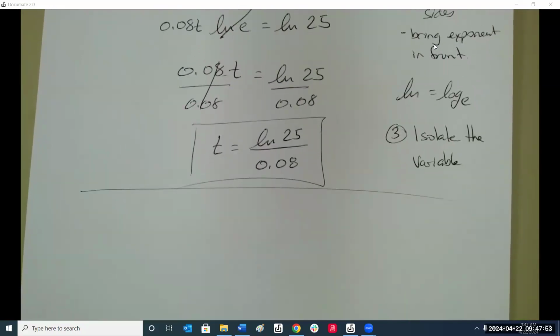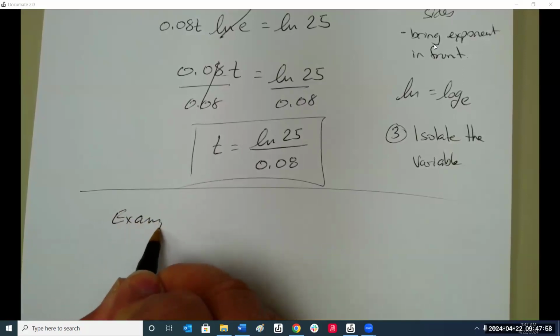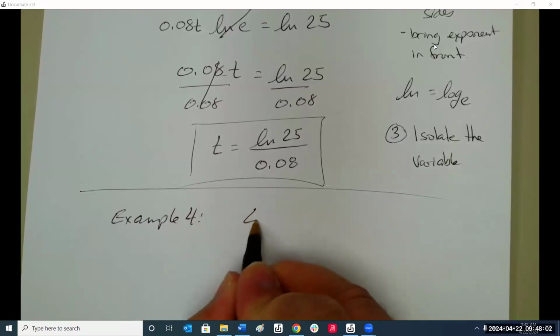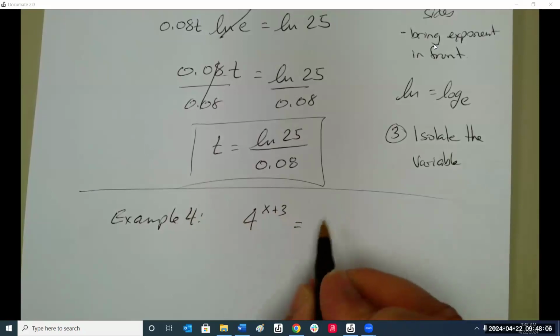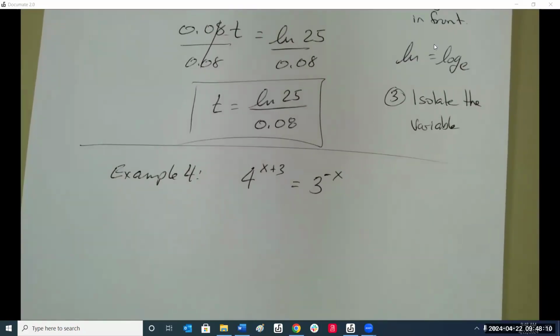So far, so good. But example 4 brings a whole new problem to us. So we have 4 to the power x plus 3 equals 3 to the power negative x. It would be easy if we could get the same bases, but 4 and 3 do not have the same base.